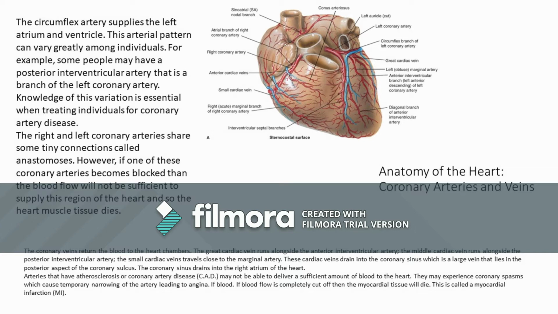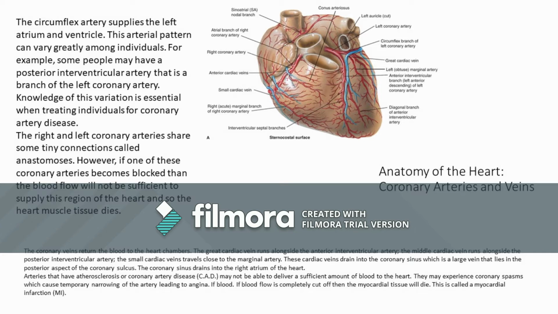The right and left coronary arteries share some tiny connections called anastomoses. However, if one of these coronary arteries becomes blocked, then the blood flow will not be sufficient to supply this region of the heart, and so the heart muscle tissue dies.